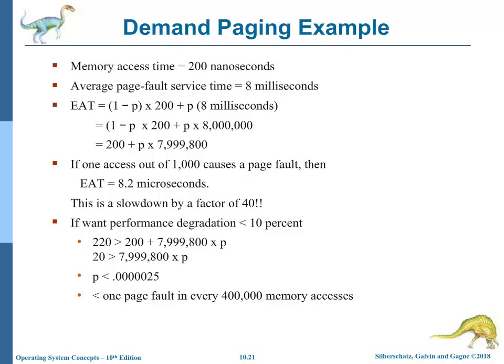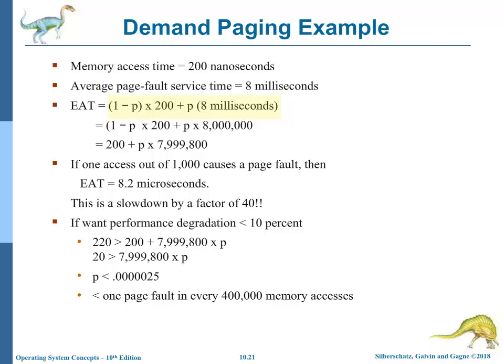With a page fault rate of P on a scale from 0 to 1, the effective access time, EAT, is (1 - P) times 200, plus P times 8,000K. So 1 - P is the fraction that doesn't need a page fault; it just has a memory access.